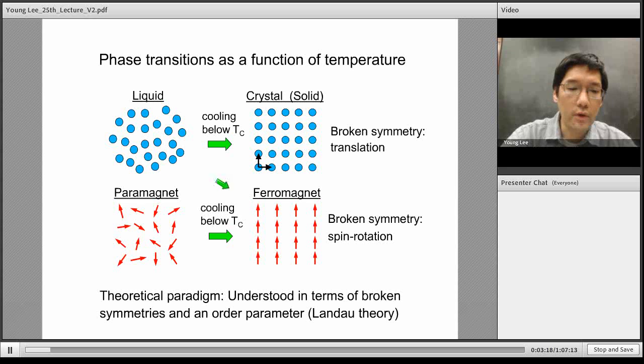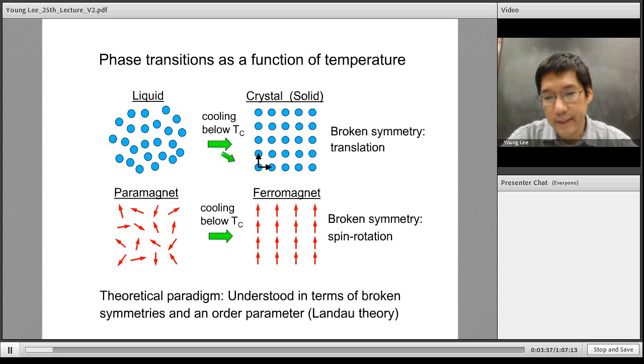And our current theoretical understanding, the paradigm that we use, is that when you cool into a new phase, you break symmetry. So in the case of the top here for the crystal, you break translational symmetry in that there are now special wave vectors to bring you from one atom to the next atom. And in the case of the magnetic moments, you break spin rotational symmetry.